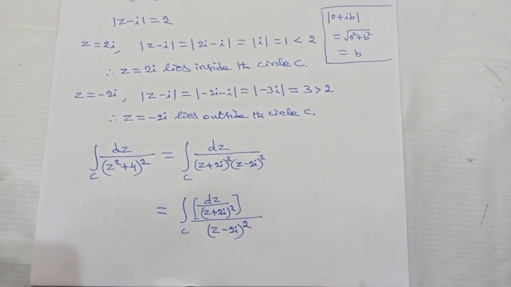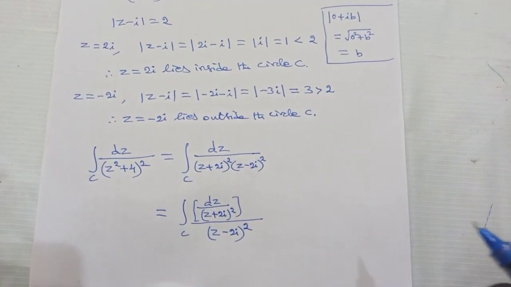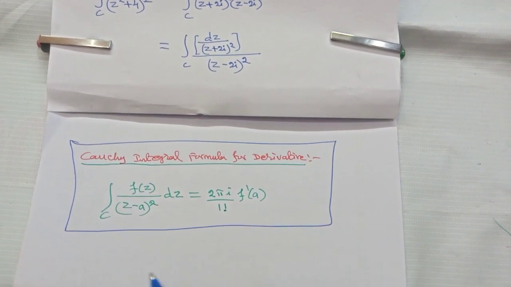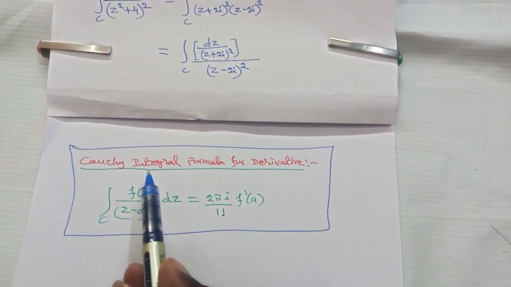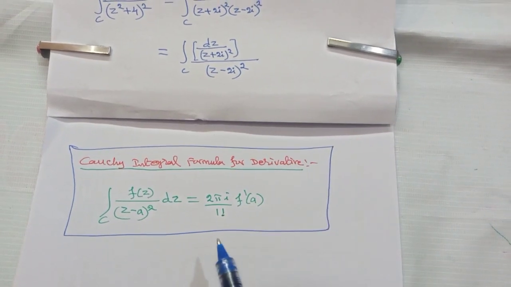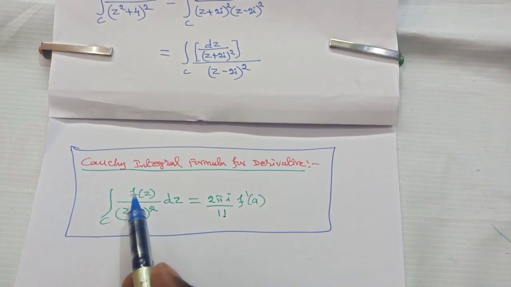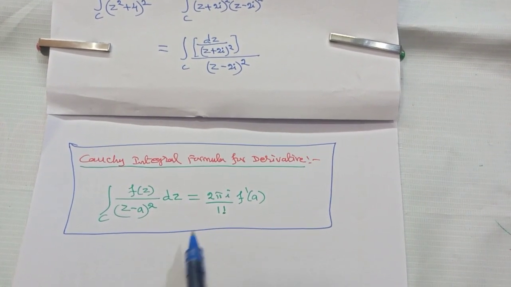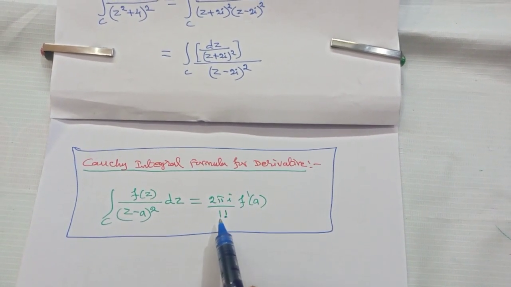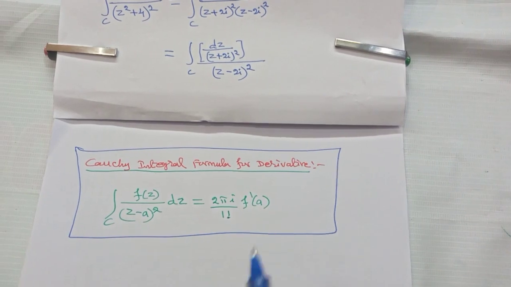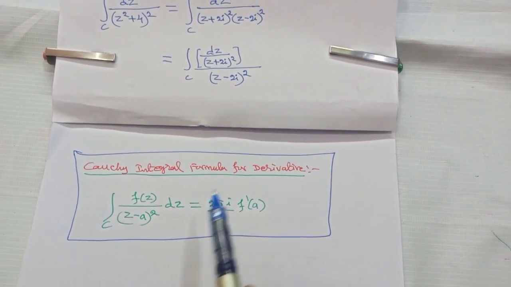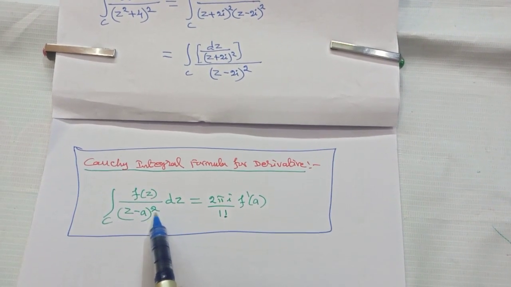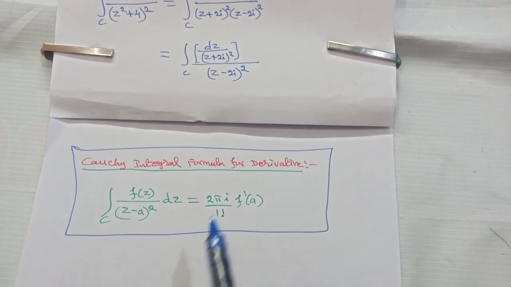Now I apply the Cauchy integral formula. This is the Cauchy integral formula for derivatives: the integral over C of f of z by (z minus a) the whole square into dz is equal to 2 pi i by 1 factorial into f dash of a. This is very important. If you have power 2, it is 1 factorial and 1 derivative.